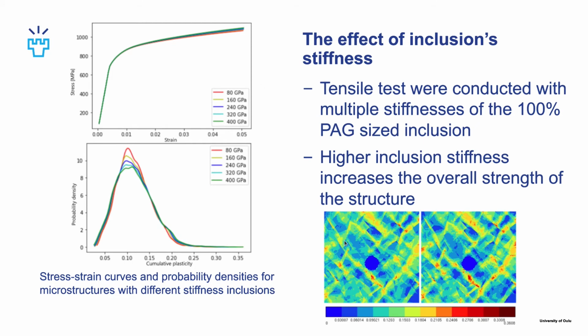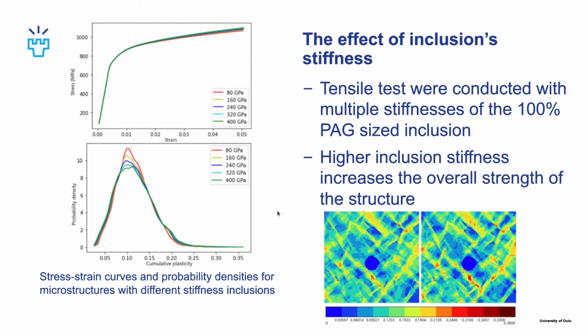And here we can see the microstructure with 80 gigapascal stiffness inclusion and 400 gigapascal stiffness inclusion compared, and we can see that with 80 gigapascal the plasticity distribution is more even, and with 400 the elastic differences are more significant, and the localization of plasticity is therefore also more significant.